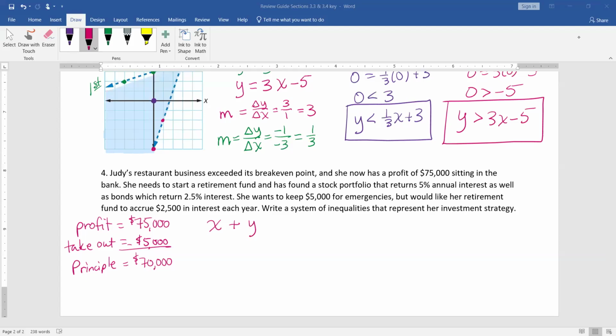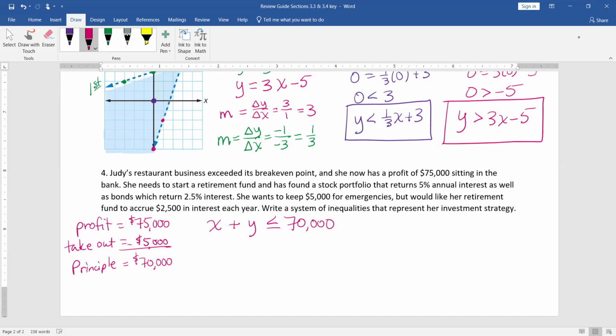Okay, so the only way I could keep this as an inequality is I know that because she wants to keep 5,000 on hand, the combined amount she puts in just needs to be less than or equal to 70,000. So maybe she takes out more than 5,000 or ends up needing it. So we'll keep it an inequality, but we'll keep it equal to, since that's how much she plans on putting in there.